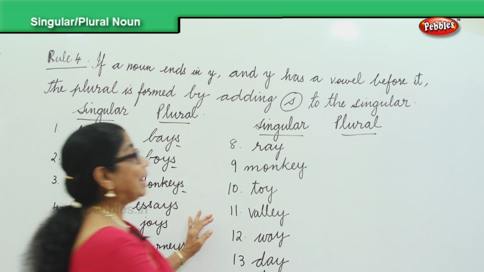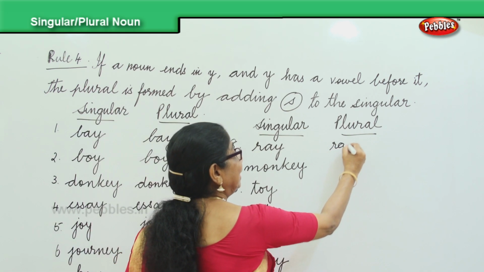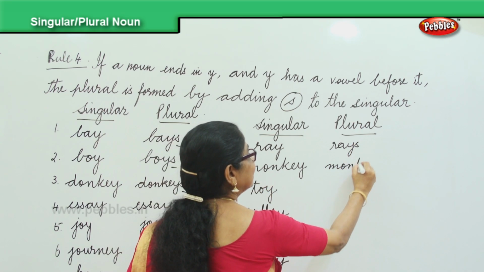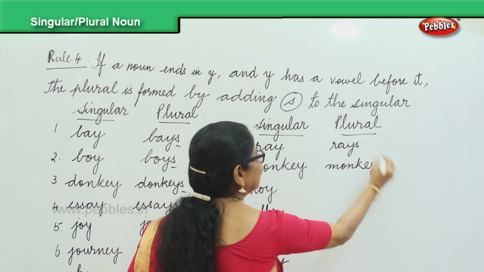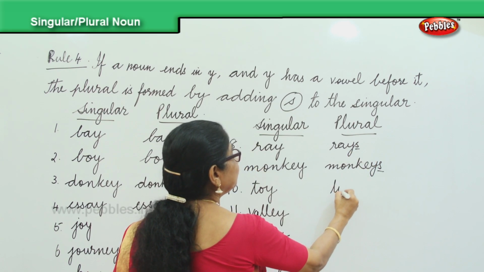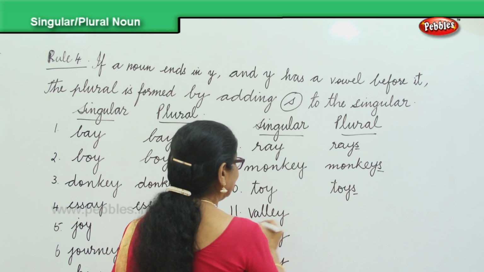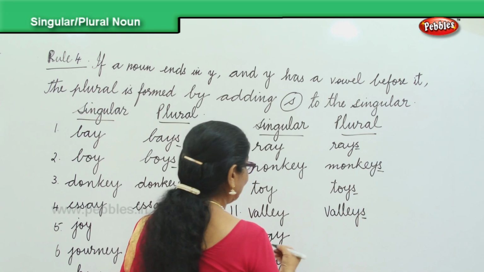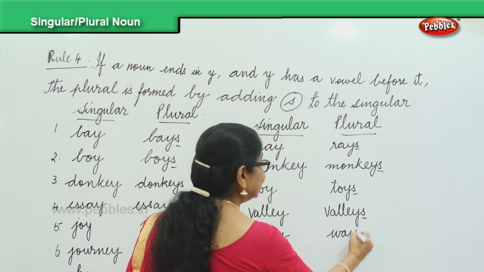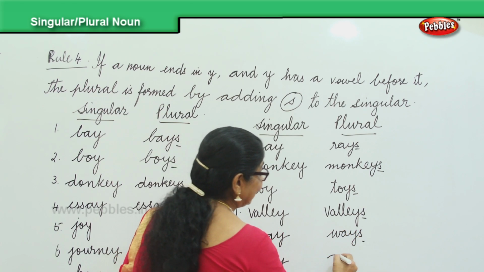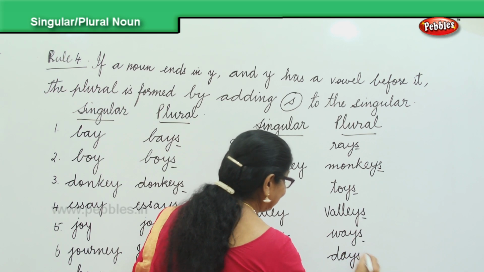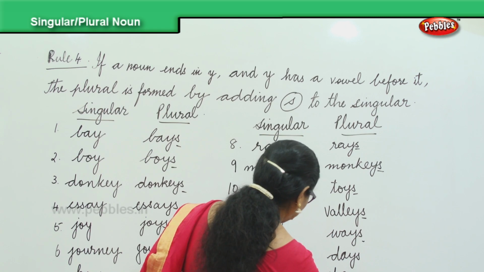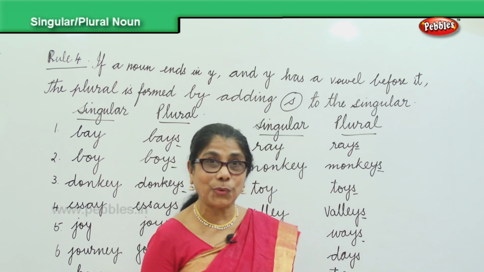Then we have here ray, rays, monkey, monkeys. Just add S. Toy, toys, valley, valleys, way, ways, day, days, and finally we are talking about the building stories. Story, stories. It's a different story.